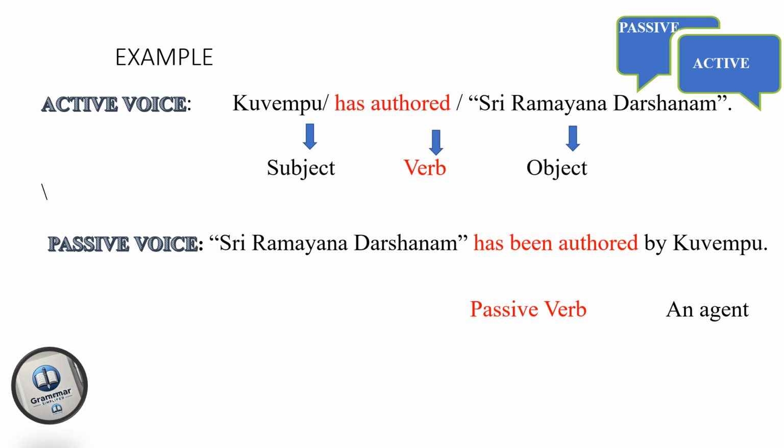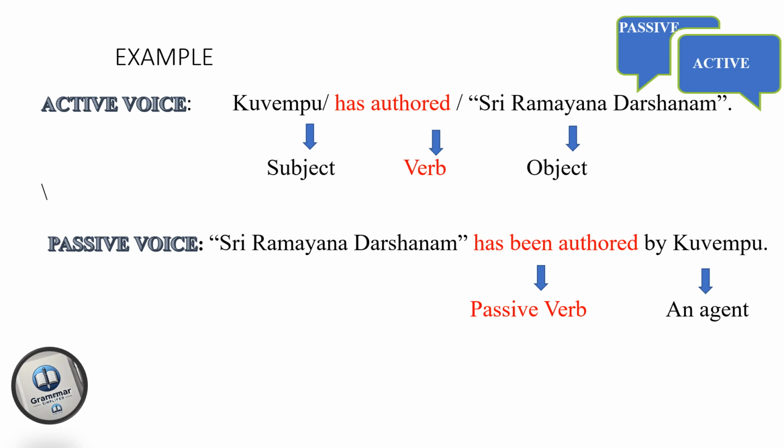Sri Ramayana Darshanam has been authored by Kuvempu. Means you're not going to change the tense of the sentence, only you will change the verb into past participle form. Authored is already in past participle form, so you will use has been authored.